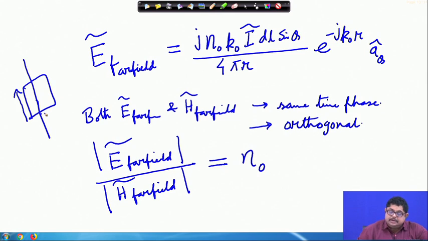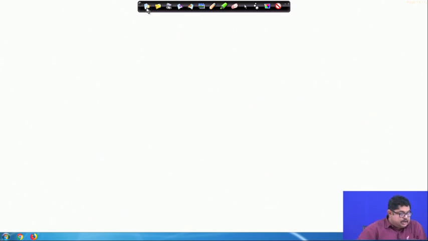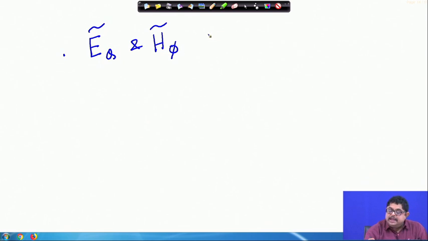But let us go ahead and see more things. If you look at the expressions for both E theta and H phi, that means our far field terms, their variation is sin theta. So, we can say that the radiated fields, E theta and H phi, the far fields, are not spherically symmetric.